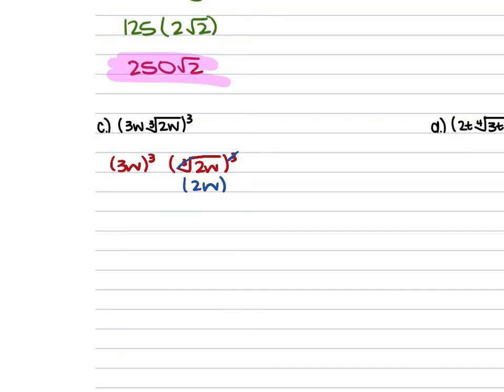That 3w cubed, we're going to take the 3 and cube it, as well as the w cubed. The 3 cubed gives us 27. w cubed is w cubed. We multiply that by 2w, and we're going to have 27 times 2, which is 54, and w cubed times w, which is w to the 4th power.